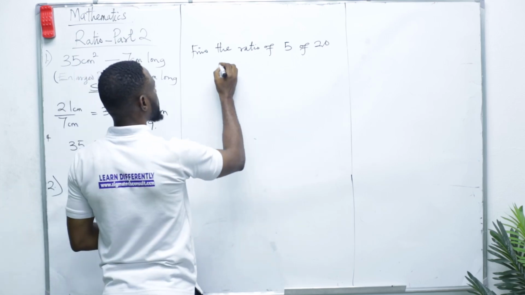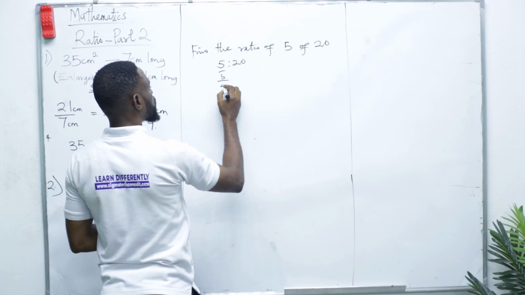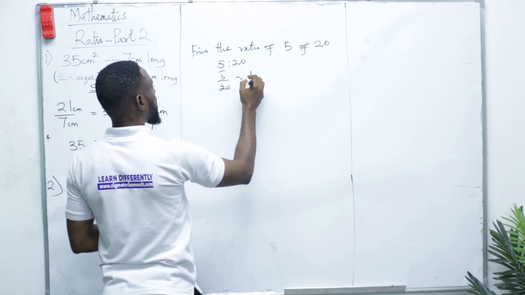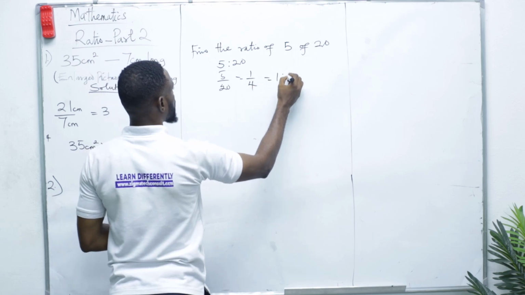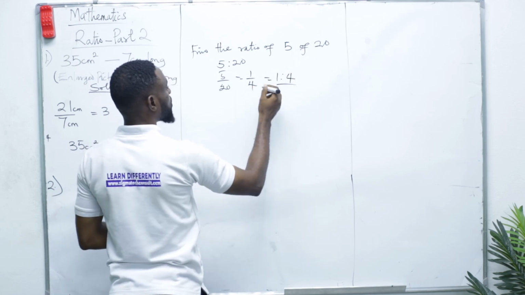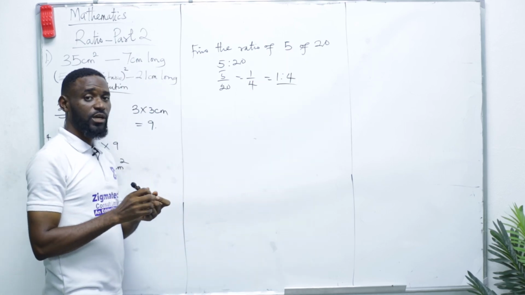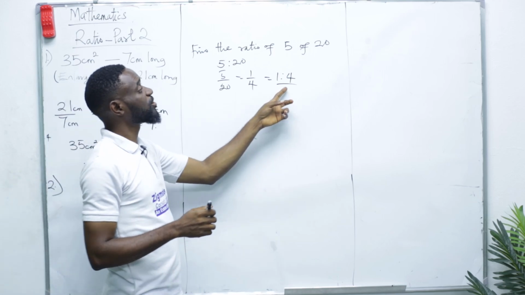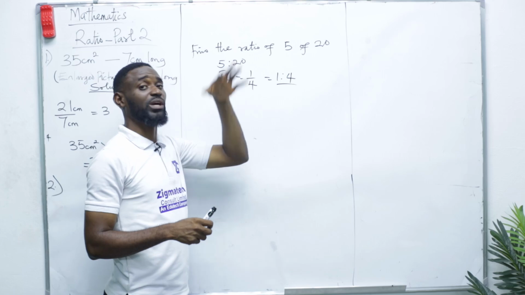That simply means 5 is to 20, which means 5 over 20 to give us 1 over 4, which is 1 is to 4. This is the ratio of this. Do you understand the point now?